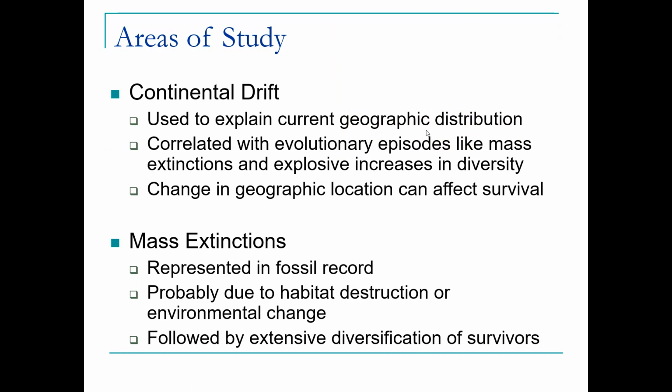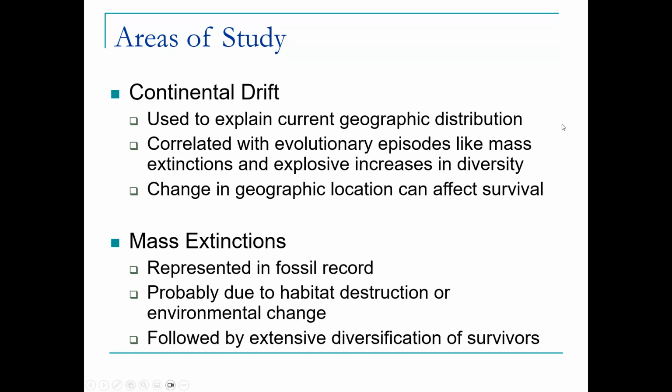And hopefully you learned somewhere back in middle school, I would imagine, about Pangaea and the supercontinent, and how they have split over time, and this change in geographic location could lead to these different evolutionary episodes, mass extinctions, and so just the constant idea of continental drift, that the continents are moving.